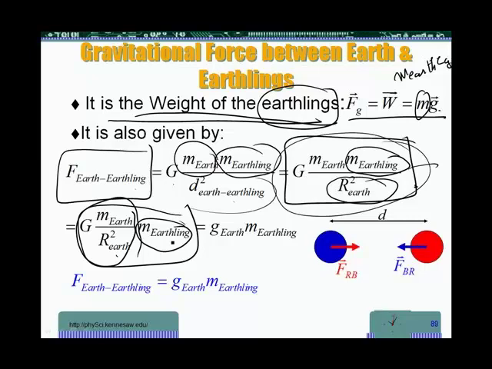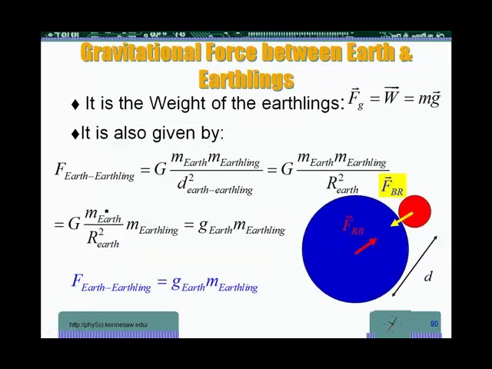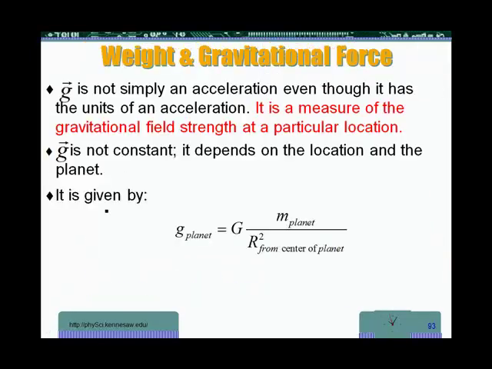What's that thing? It reminds us of M times G, or G times M, which is exactly what we have. G Earth times the mass of the Earthling. What does this say? It gives us an expression for G at the surface of the Earth, what I have on this circle.